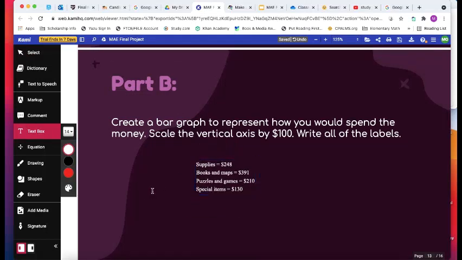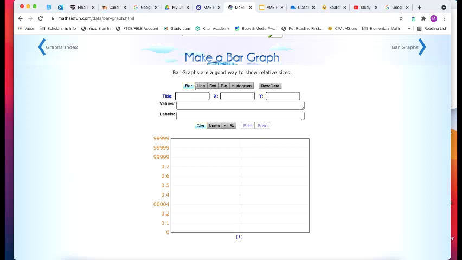So we have our prices. Now, since we're doing online class, I have a Make a Bar Graph website on Math is Fun. I know you guys have used that a lot, so you should be very familiar with this. So here is our empty bar graph.